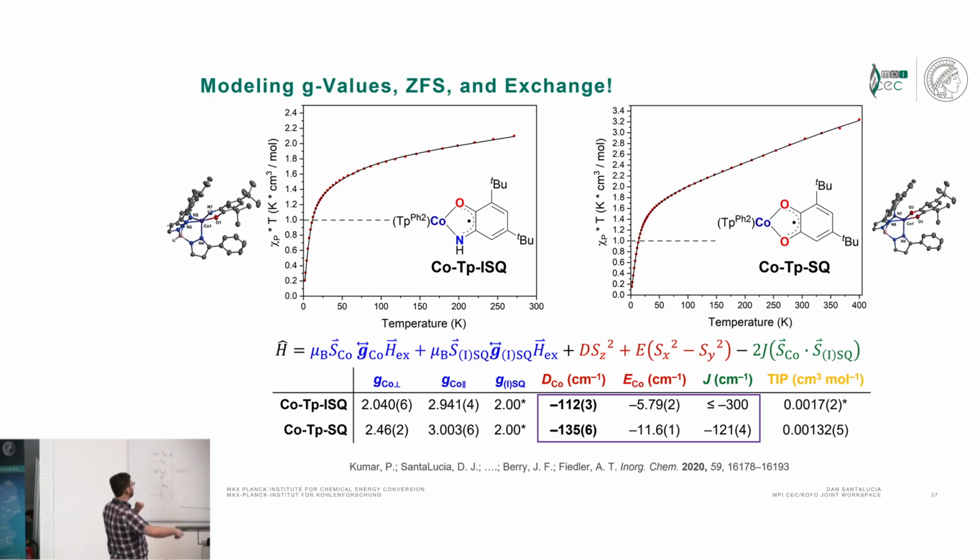These would be very complicated Van Vleck expressions if I wrote them out on paper, but luckily we have programs that handle this modeling for us, okay? There is this TIP parameter, which I mentioned earlier. That's just because we're not leveling off, and so we're going to correct for that. It's a bit of a fudge factor that we include in our models to correct for the high temperature behavior not leveling off at a constant value. That's what it's for.